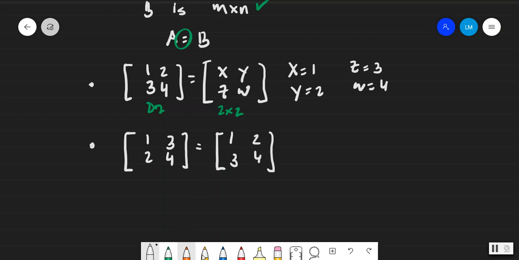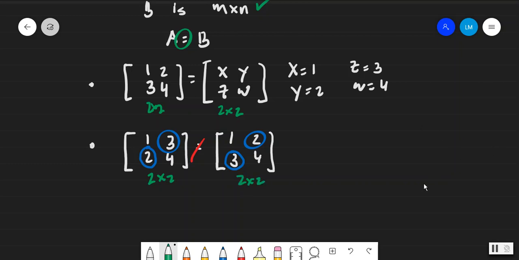Well, this is not true, specifically because some entries are not in their right place. There's a 1 right here, another right there, and that's it, because they don't correspond. So even though they are the same dimensions, these cannot be the same matrix.